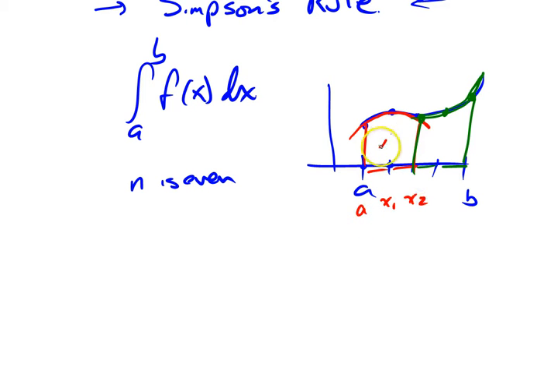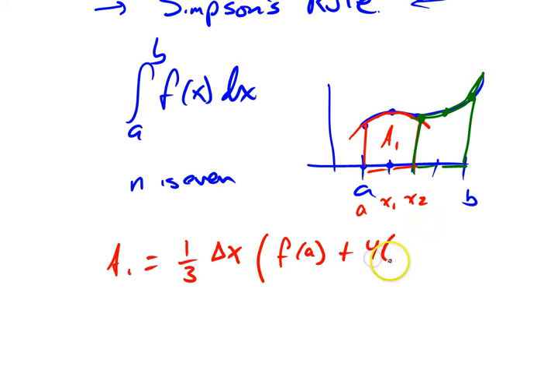So this first area here is going to be 1/3 times delta x, and of course delta x is the same as it's always been, b minus a over n, times the function value at a plus 4 times the function value at x1 plus the function value at x2.